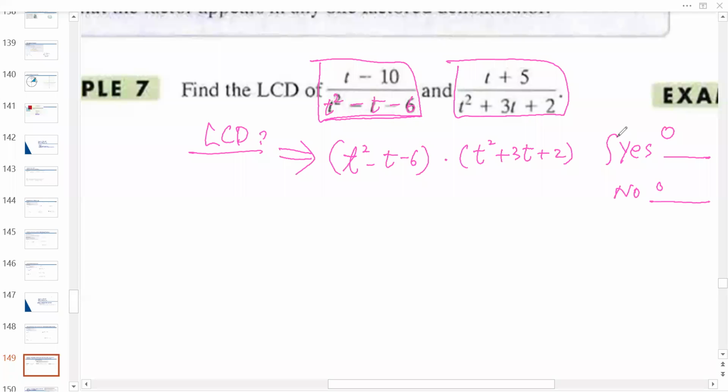All right. Everyone, please write whether the LCD is equal here or not, the least common denominator. I need to ask someone. Jalen, is the LCD this one or not? Is it yes or no?